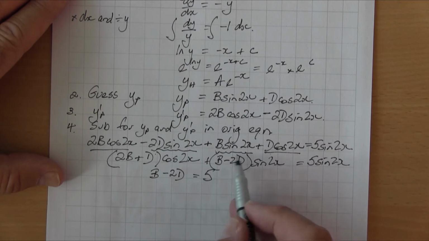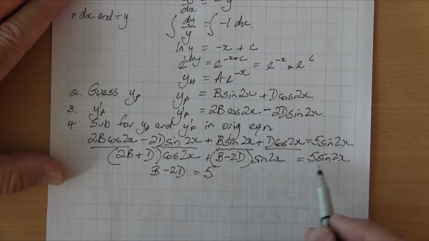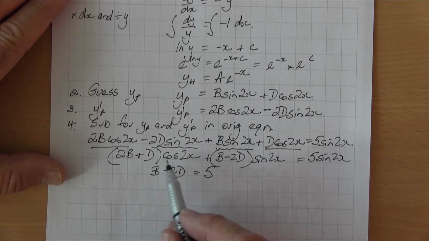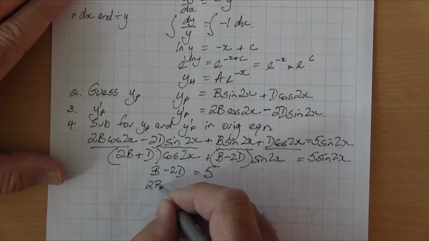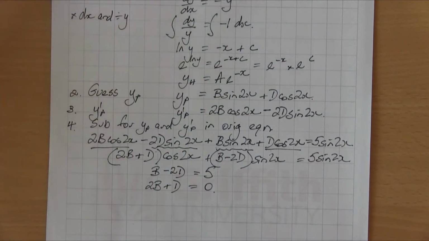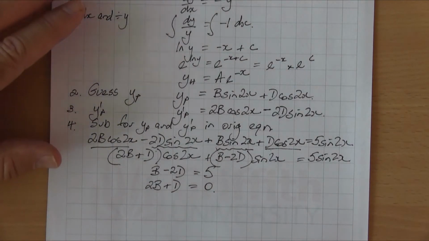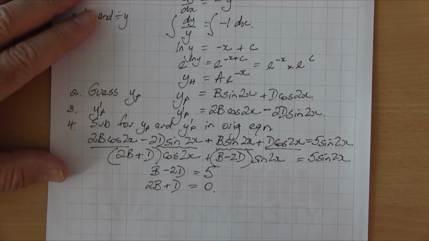So we equate that with the 5. And there is no term on the right hand side that has a cos 2x. So therefore this must be equal to 0. So we've got 2b plus d must be equal to 0. A couple of ways you can solve this. One is to use simultaneous equations.